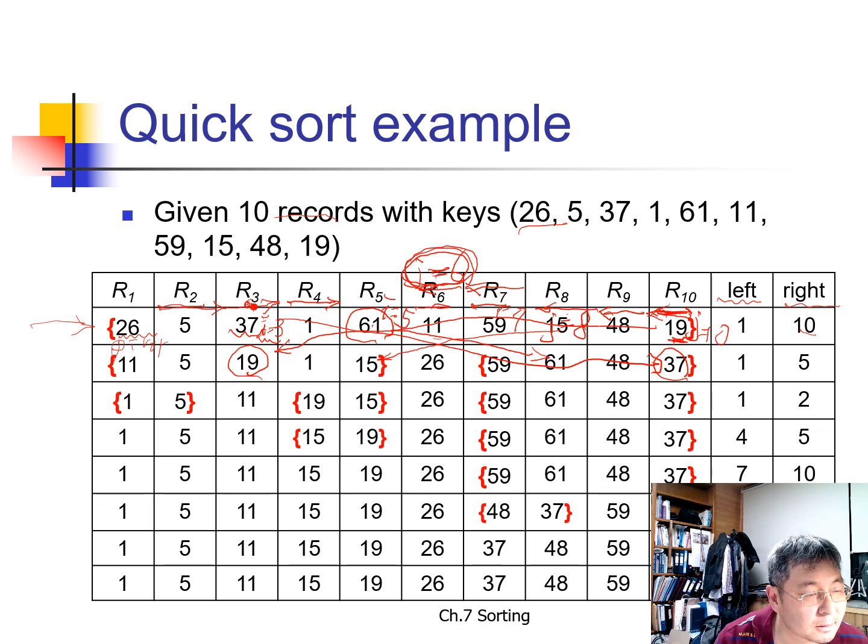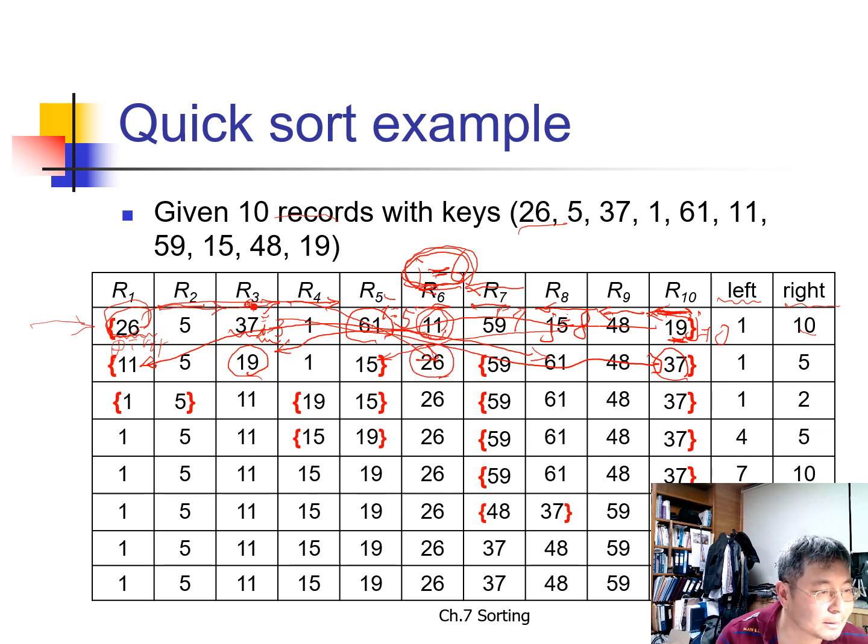After exiting the main loop, we will swap again the pivot value and the J value. Okay, so this 11 goes to the left, and the 26 pivot value comes here, 26.